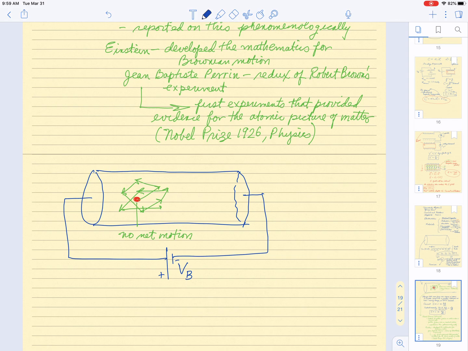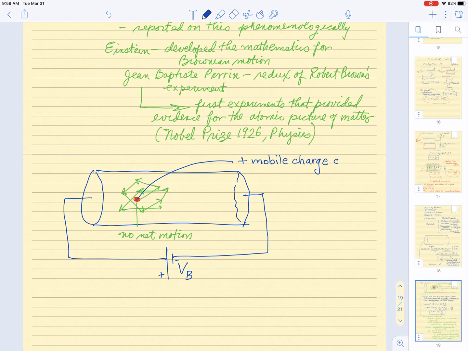Now again, the assumption here is that this is certainly well before the electron was discovered. And so let's just assume here that this is what I'm going to call a positive mobile charge carrier.